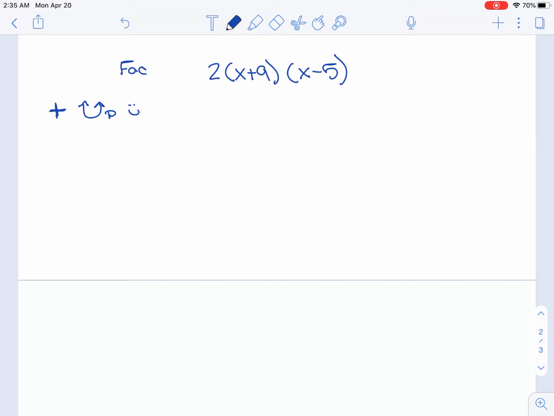This is factored form. I know it because I have 2 sets of parentheses here. I'm trying to go to standard.